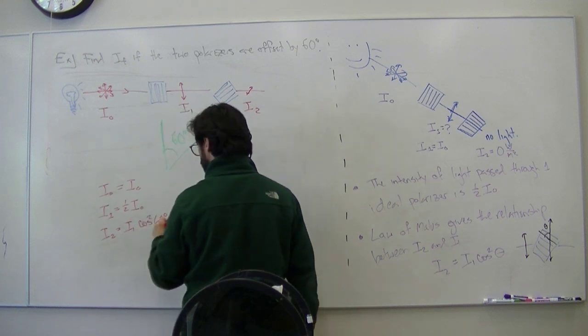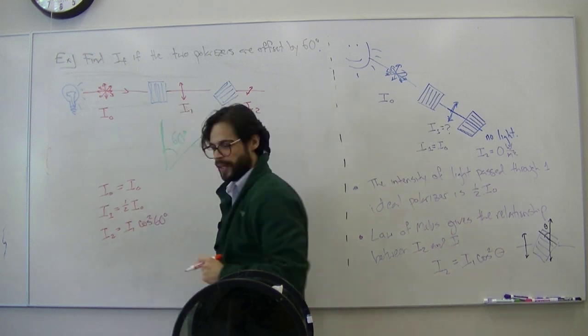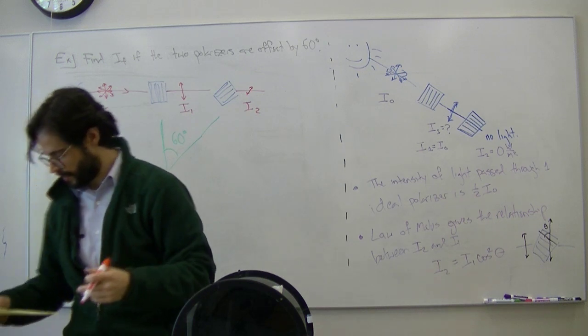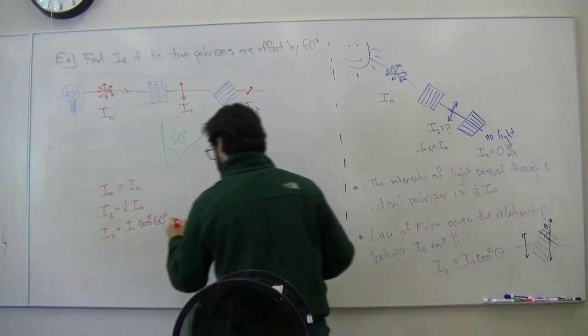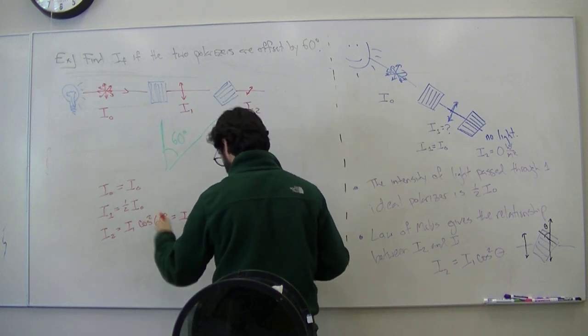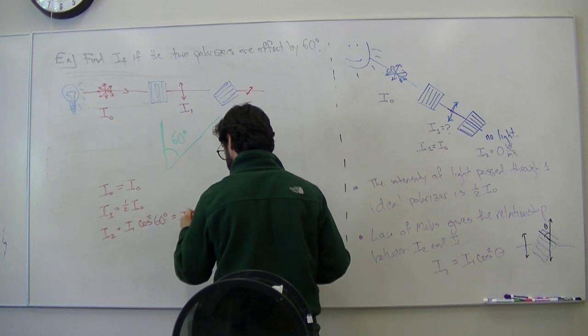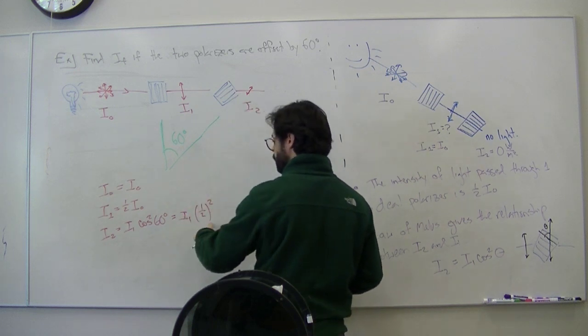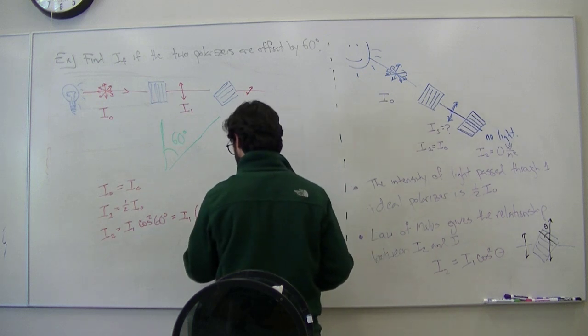So cosine squared 60 degrees. Of course, I'm remembering that my calculator is in degrees. I feel like I should know this, but I've just had a really busy week. That is 1/2. Sine 30 is cosine 60. I am a brilliant man. So that's 1/2 squared. So that's 1/4.